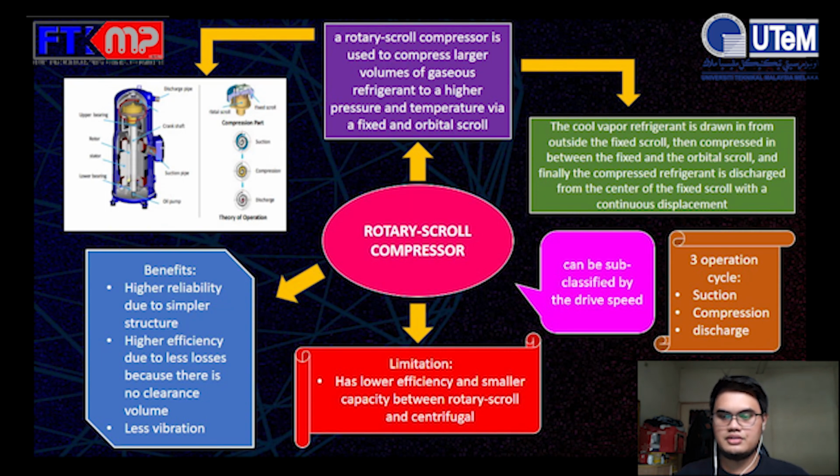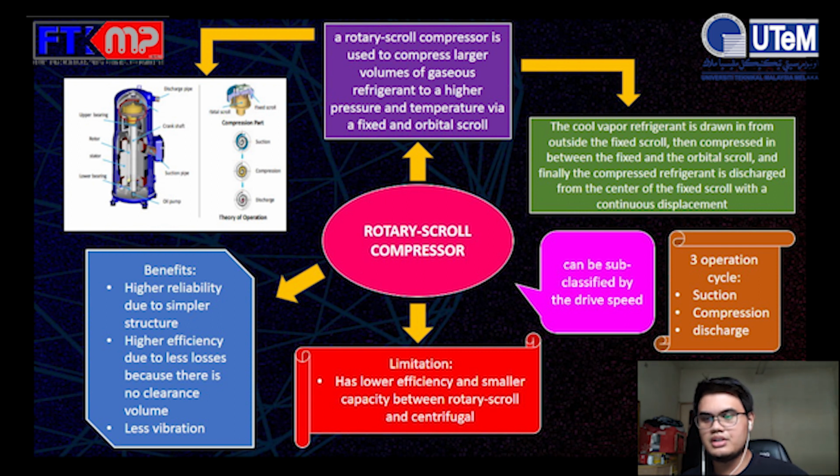And lastly, we're going to go through the rotary scroll compressor. A rotary scroll compressor is used to compress a larger volume of gaseous refrigerant to a higher pressure and temperature via a fixed and an orbital scroll.